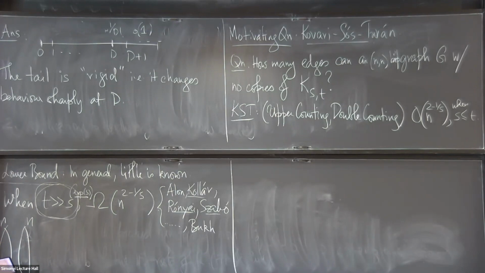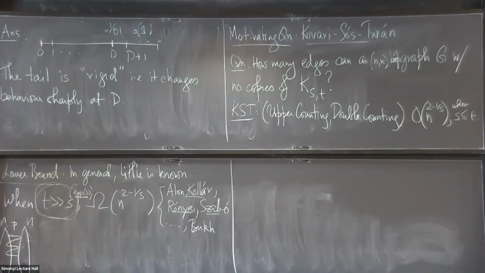But unless you really want to work on this problem, it's not a paper that I'd recommend reading because it has a fair bit of heavy machinery inside. It's unlikely that these techniques will let you settle the s equals t problem. That's my feeling. Boris, from what I know, is maybe even skeptical that n to the 2 minus 1 over s is tight for s equals t in general. But I'm not claiming that this method will settle this problem. This much I'm reasonably confident of. Famous last words, etc.